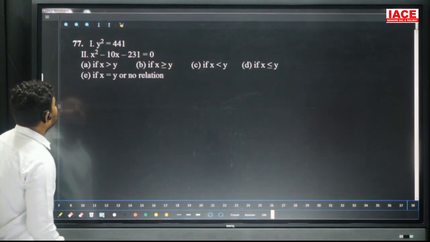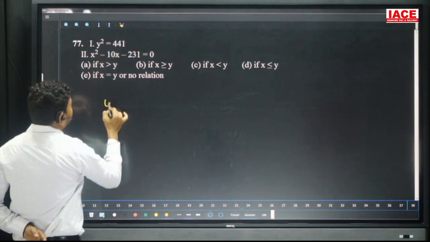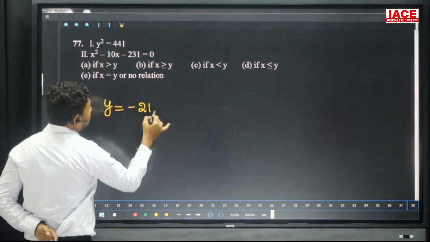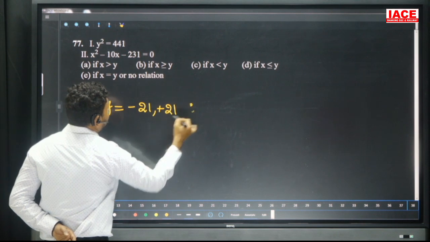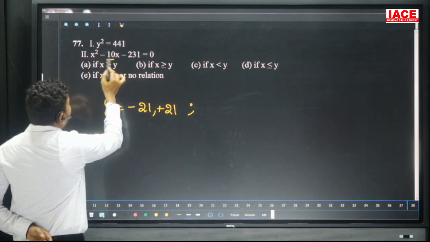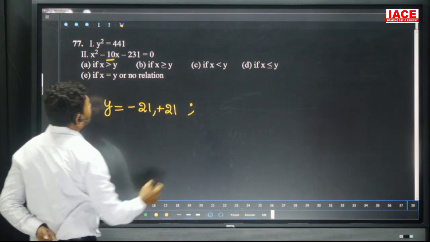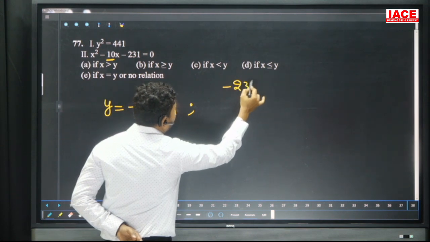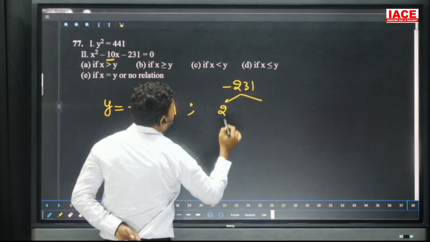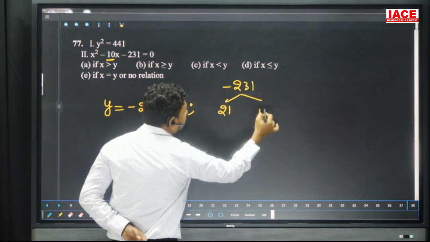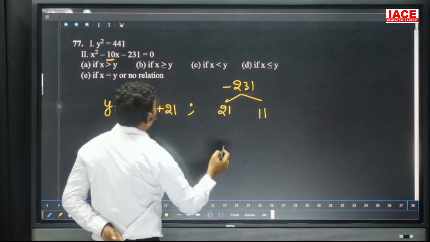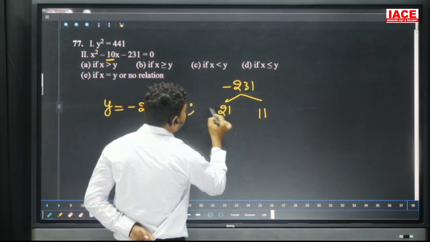And coming to the next, y square is equal to 441. Y is equal, we can write minus 21 comma plus 21. And as it is, we are writing here minus 10. Minus 10, we are writing minus 231. So 21 into 11 is 231. We required minus 10. That number is a minus and plus.